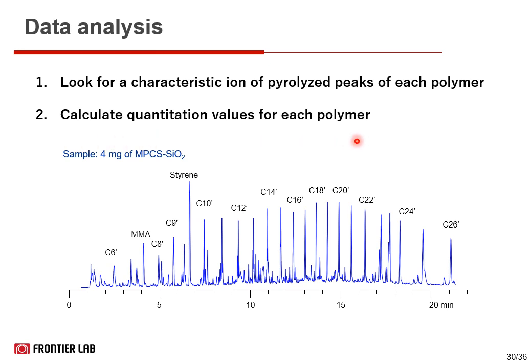This is a diagram of the microplastics calibration standard sample. You see many different pyrolyzed peaks on these diagrams. For data analysis, look for a characteristic ion of pyrolyzed peaks of each polymer and then calculate quantitation values for each polymer.